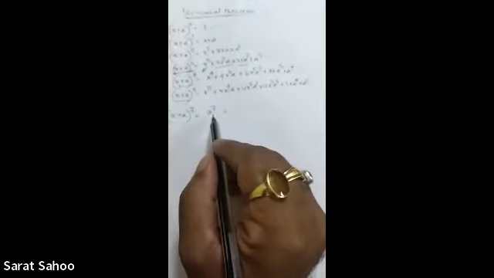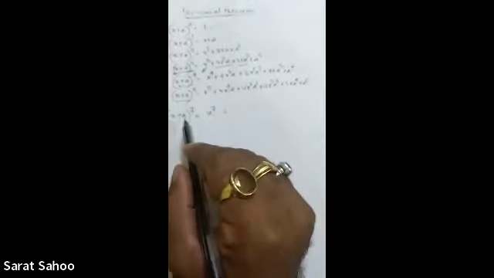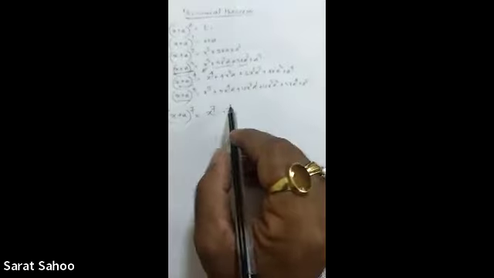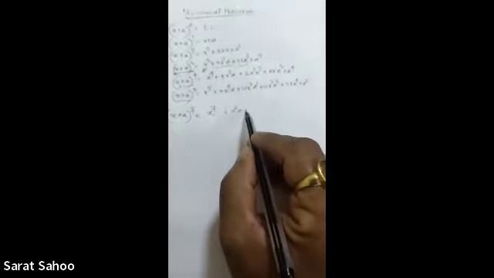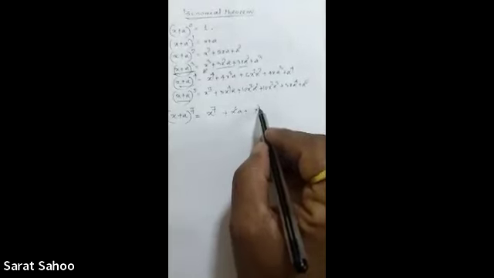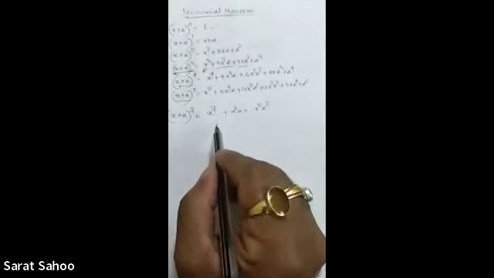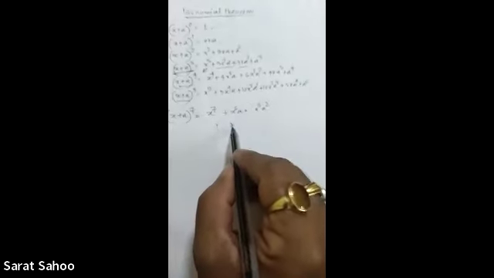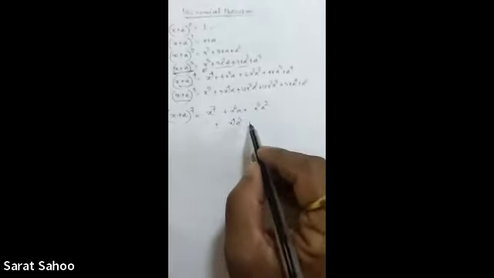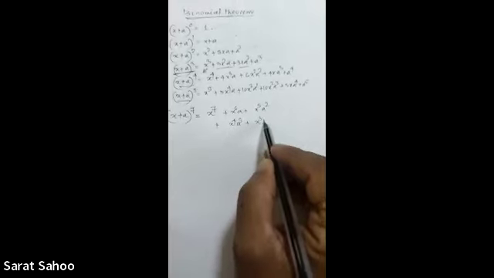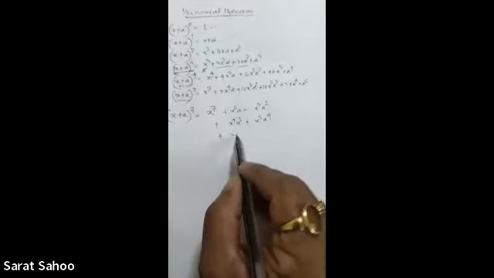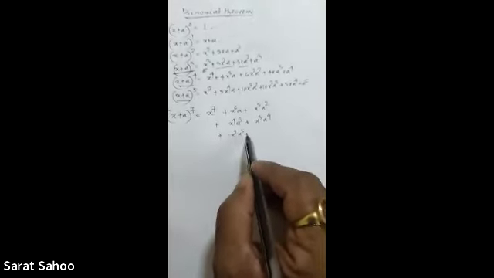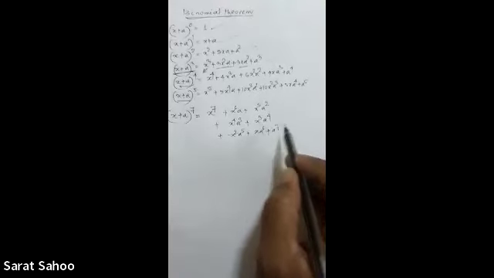The next term, power of x will decrease by 1 and the power of a will increase by 1. So x to the power 6 a. The next term will be x to the power 5 a square, then x to the power 4 a cube, x cube a to the power 4, then x square a to the power 5, x a to the power 6, plus a to the power 7.